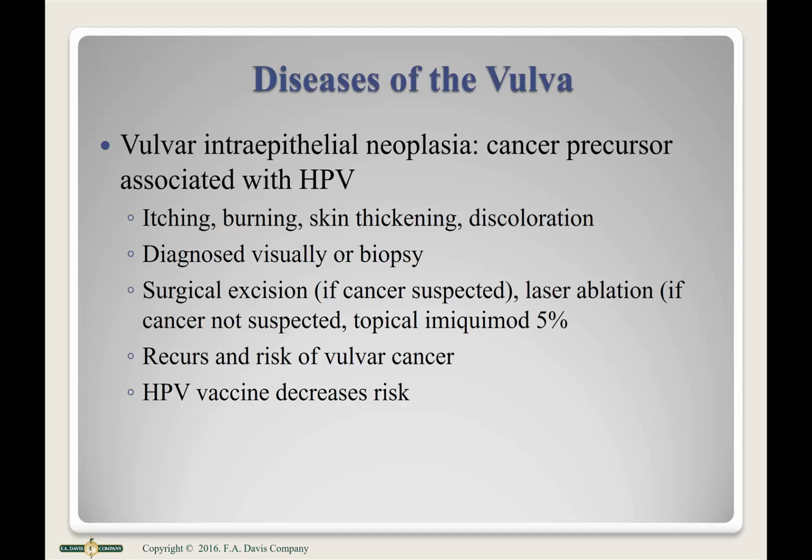These can be surgically removed, surgical excision, laser removal. But if this does occur, then they're probably going to reoccur, and we know that this is a precancer. These are precancerous lesions, or precursor to cancer. So she could develop vulvar cancer from this.